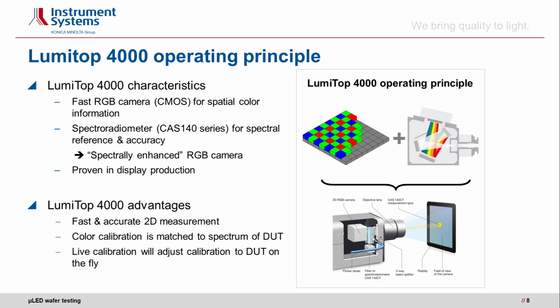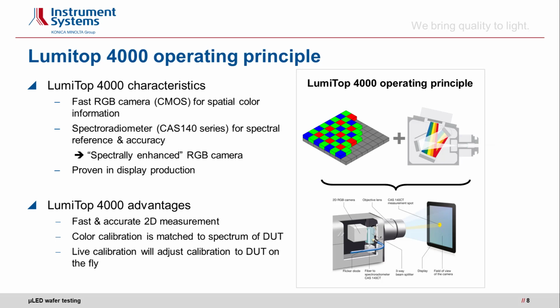Now let's take a look at the Lumitop 4000 operating principle. The Lumitop 4000 consists of a fast RGB camera, CMOS-based, for the spatial color information, and it's combined with a spectroradiometer for the spectral reference and accuracy. The spectroradiometer measures the central spot of the display and gives a reference measurement with highly accurate data.